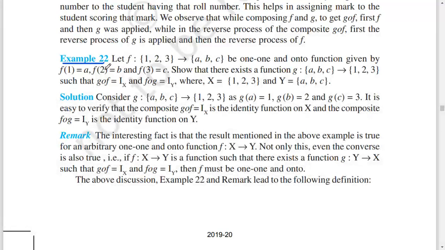Example 22: Let f: {1, 2, 3} → {a, b, c} be a 1-1 and onto function given by f(1) = a, f(2) = b, f(3) = c.